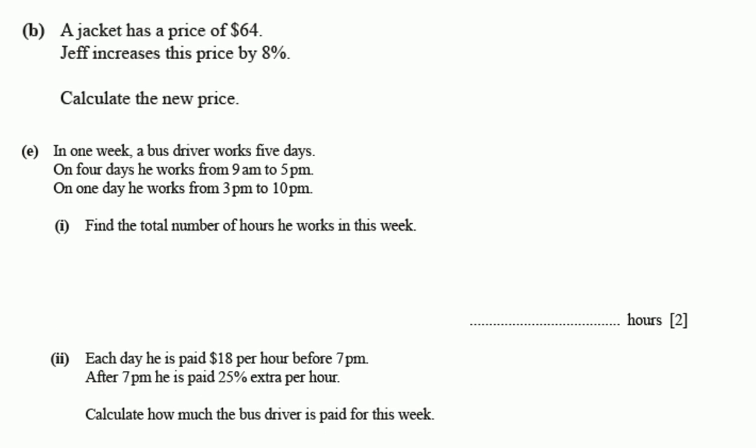A jacket has a price of $64. Jeff increases his price by 8% for unknown reasons. We want to calculate the new price. Once again, I could work out 8%, add it on, and I'd have my answer.